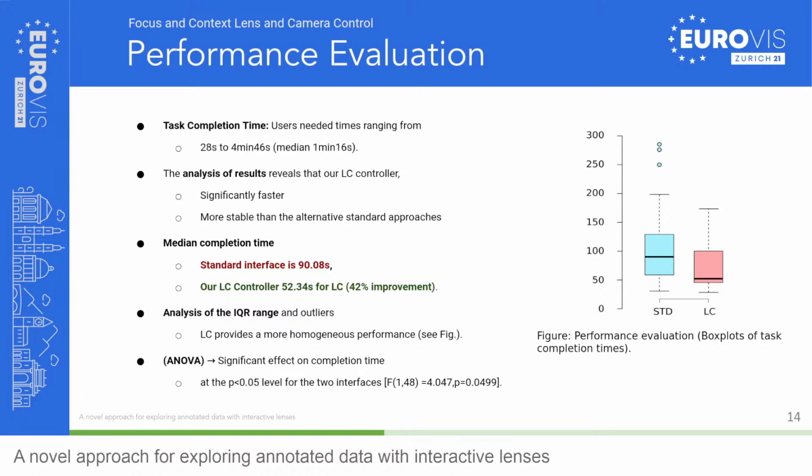Using the standard interface, it is almost 90 seconds, whereas it is 52.34 seconds for our controller, leading to a 42% improvement in performance for our approach. The smaller interquartile range and lack of outliers reveal that the lens and camera controller also provides a more homogeneous performance. ANOVA further confirms a significant effect on completion time with our approach.